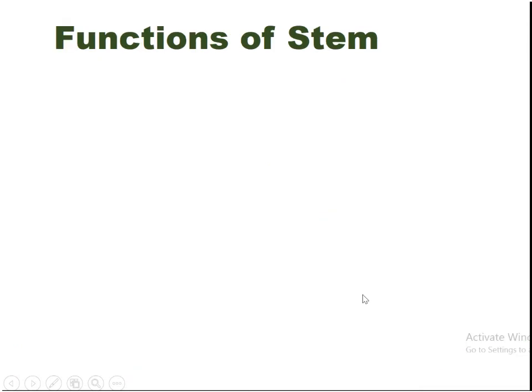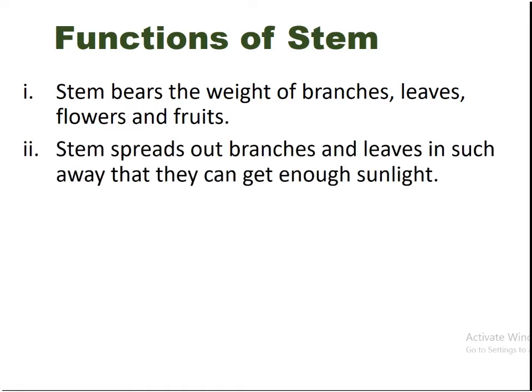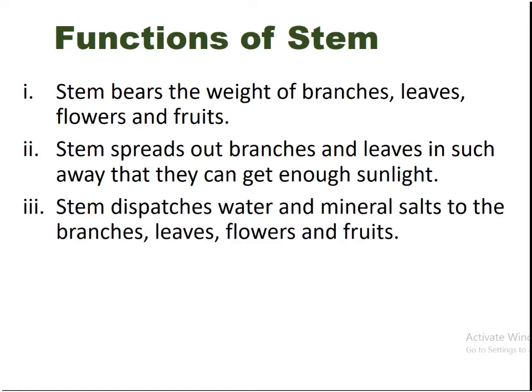Okay, now let's talk about the functions of the stem. The stem bears the weight of the branches, leaves, flowers, and fruits, and the stem spreads out its branches and leaves in such a way that they can get enough sunlight, because sunlight is very, very important for their photosynthesis. That means for their food production. This stem dispatches water and mineral salts to the branches, leaves, flowers, and fruits.